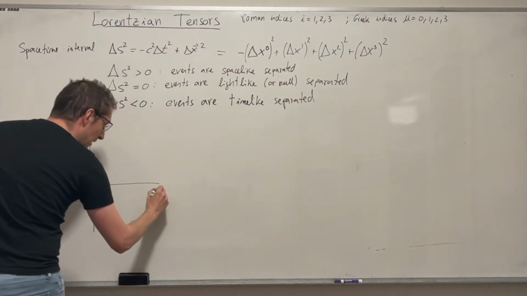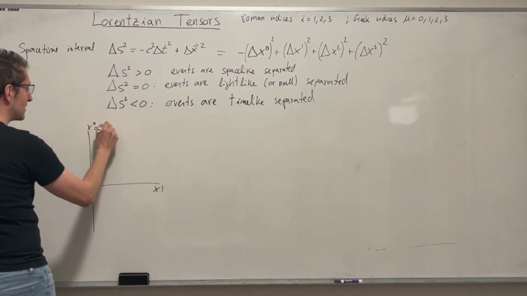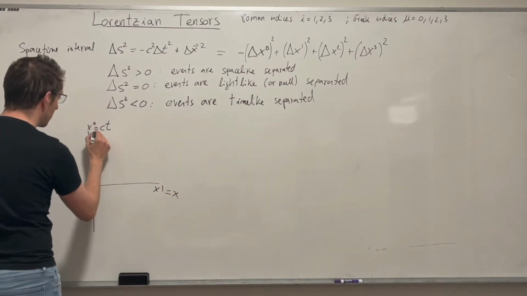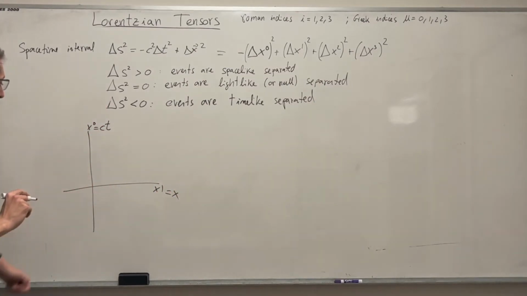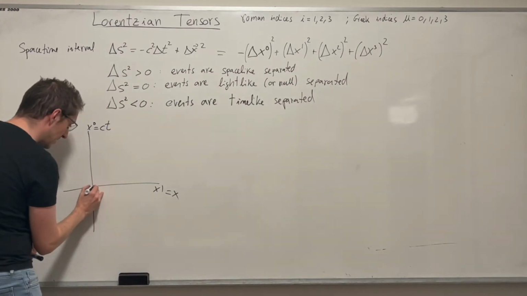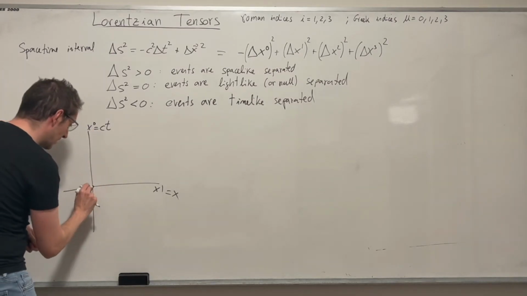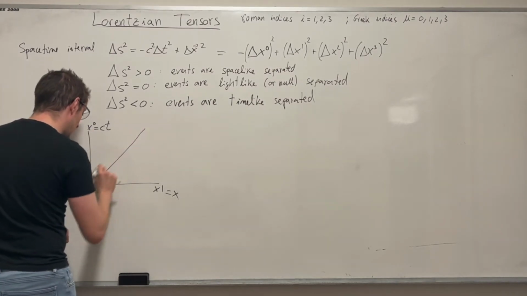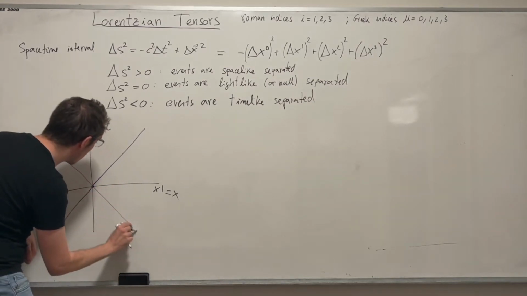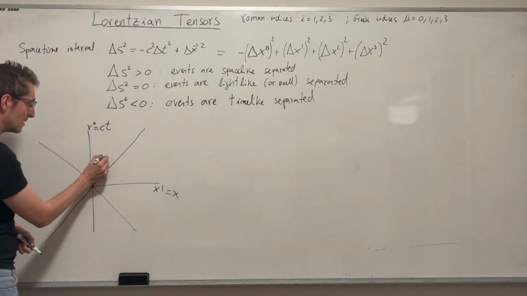So you have x0, which is ct, on this axis, and x on the other axis. Let's say I have an event at the origin and another event that I'm going to place at different places. I can draw 45-degree lines here and here, and now I have two events, this event and this event.